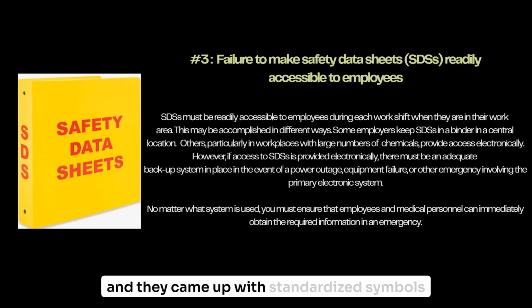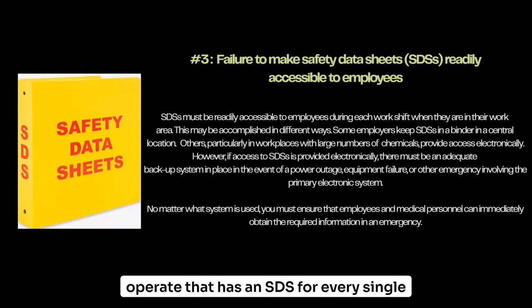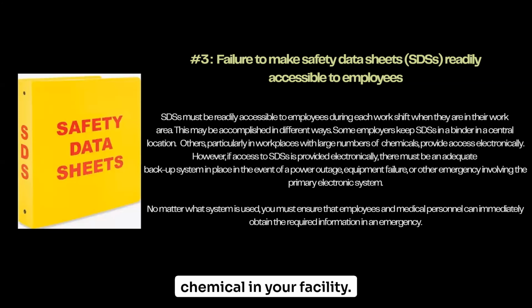And they came up with standardized symbols and coding and everything so that everyone's on the same page about hazardous chemicals. Now, you should have a safety data sheet book on the premises at every plant that you might operate that has an SDS for every single chemical in your facility.